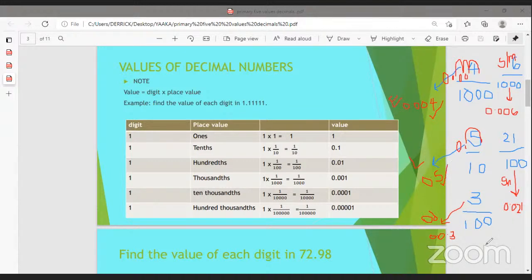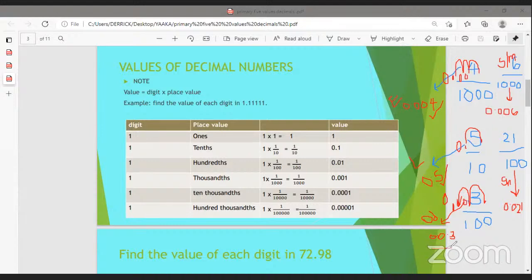Then Odwin, the decimal point was here, and Odwin had to move 2 steps, 1, 2. So the decimal point will be there, and a 0 to accompany it, a 0 for the whole numbers. So Odwin had to fill a 0 here.